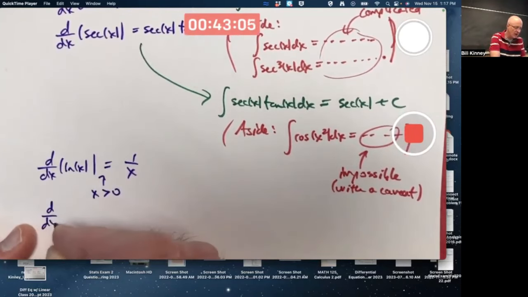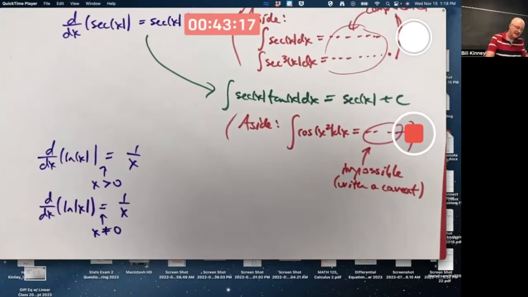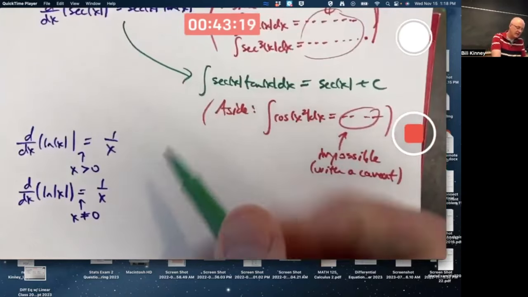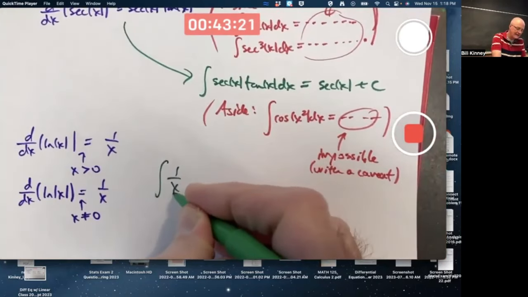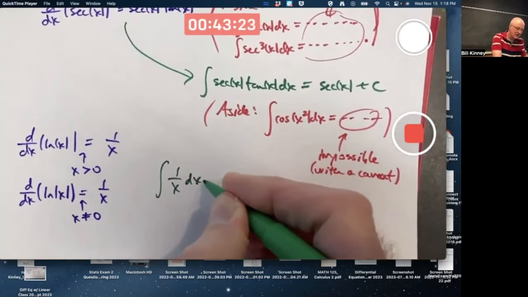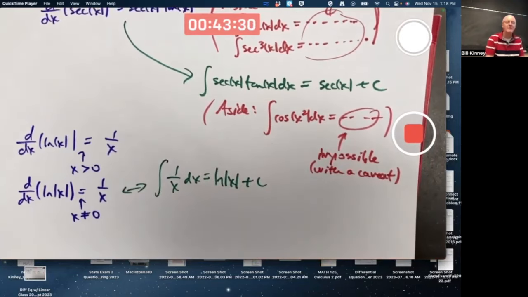We also did show that the derivative of natural log of the absolute value of x is also 1 over x. And that's if x is not 0. It could be negative there. And that does mean that the integral of 1 over x should in general be written as natural log of the absolute value of x plus c based on this fact down here.